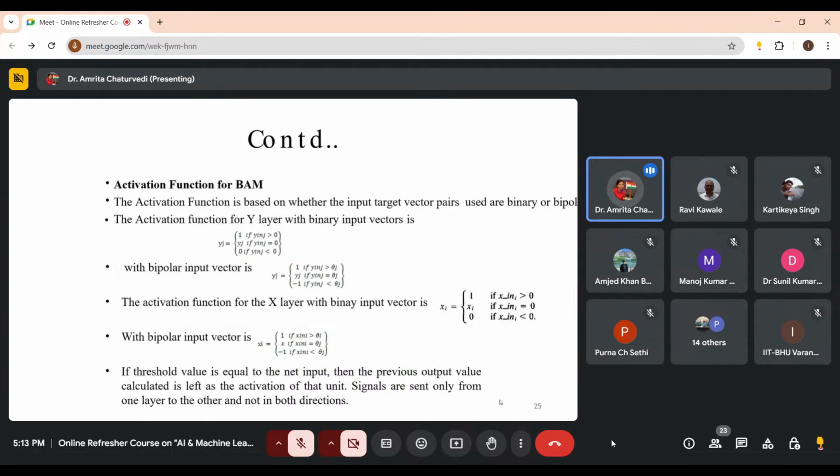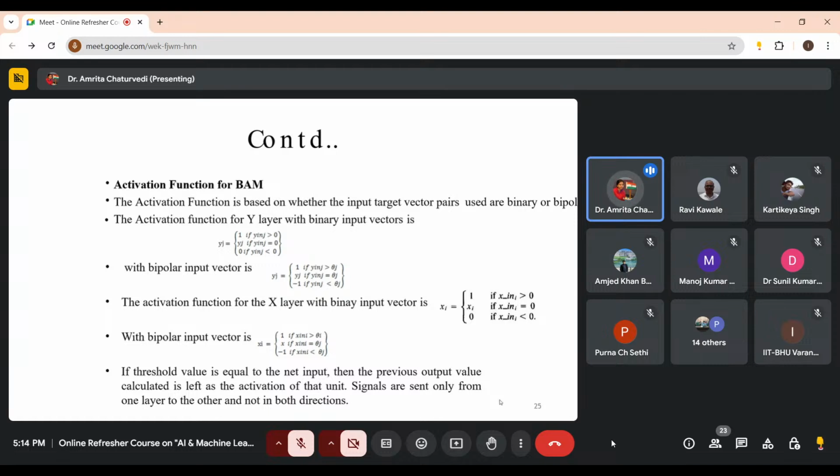So let us see the activation function that you can choose for BAM. This is based on whether the input target vector pair used are binary or bipolar. So the activation function for the Y layer with binary input is yj equal to 1 if y_inj is greater than 0, yj unchanged if y_inj is equal to 0, and 0 if y_inj is less than 0.